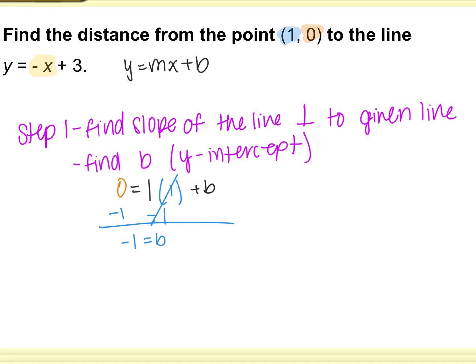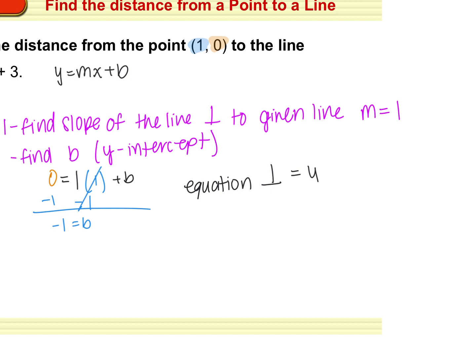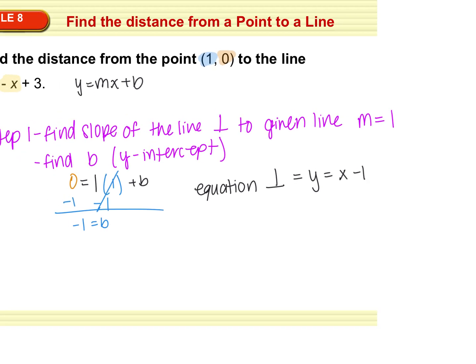So my equation for the perpendicular line is going to be y equals, we figured out our slope is 1, so x minus 1. Okay, that's the first step.